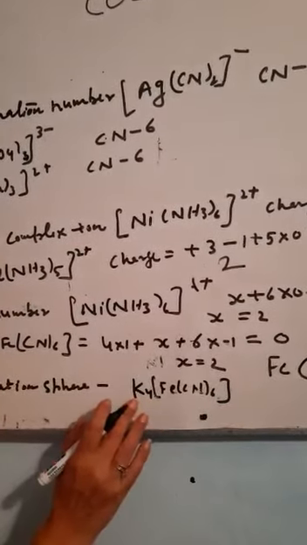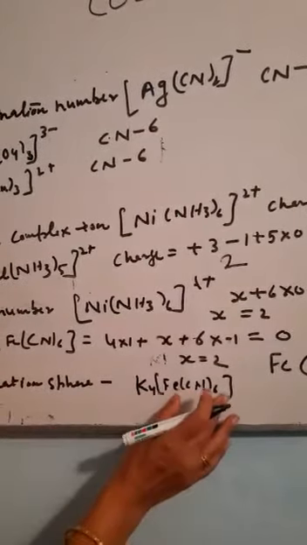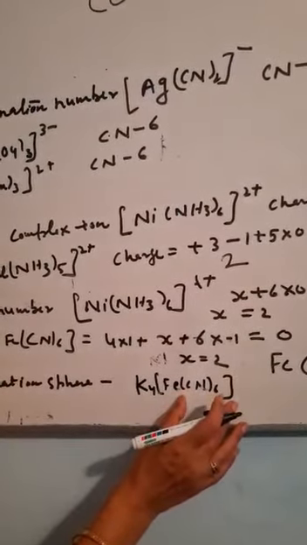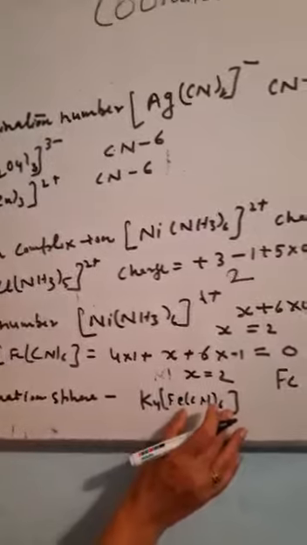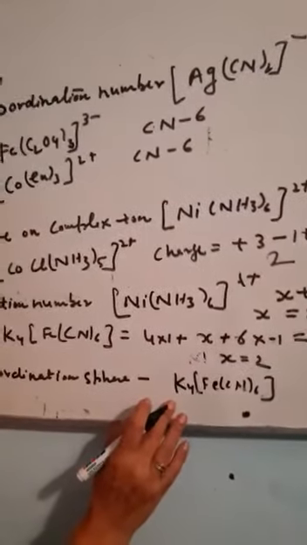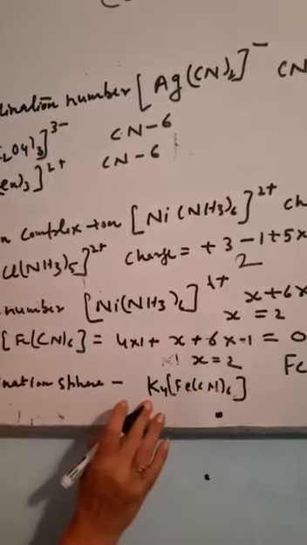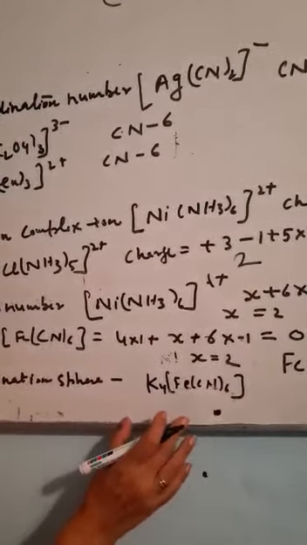Whatever is written outside is called the counter ion. It is non-ionizable. It is a single entity, and this part is ionizable. It will make secondary valency and it will make primary valency.